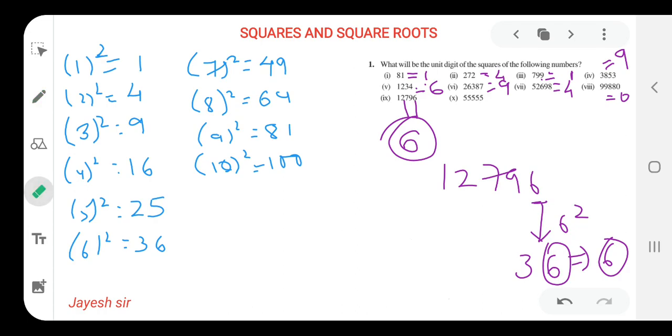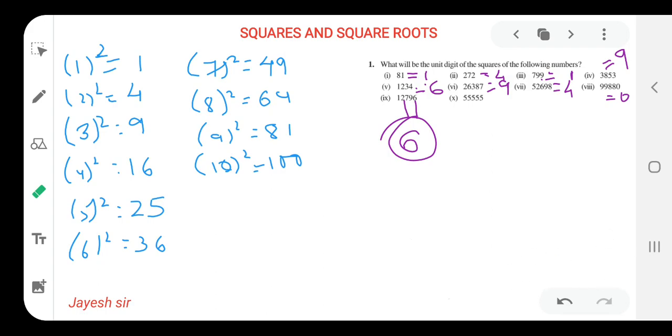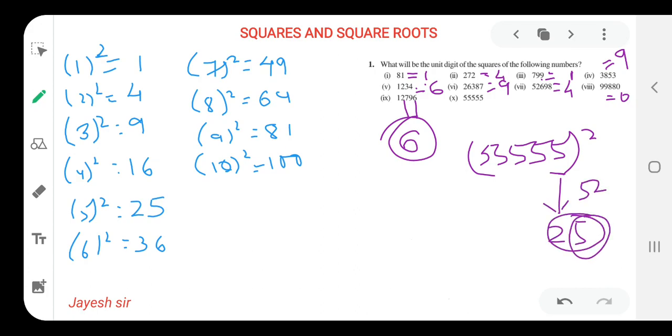So let us begin with the last sum based on the same type, and let us see what the answer would be. 5 at the unit place, that means 5 square. 5 square is 25. Again 5 is at the unit place, so the answer is 5. I hope you all might be getting it, friends, and this was the easier type of sums we can say.